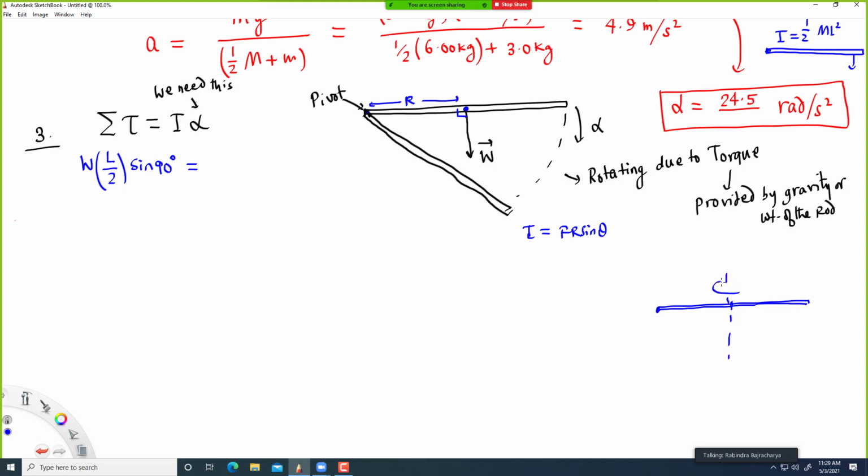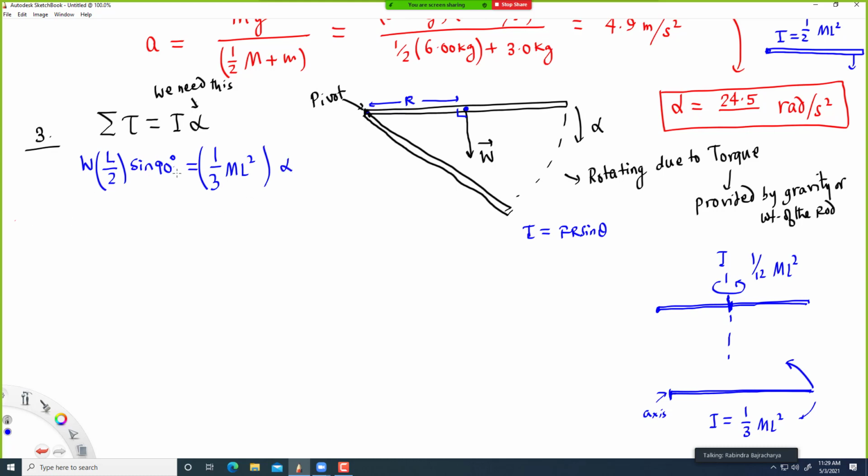You can also rotate a rod about this end. In this case, this is our axis. If the center is the axis, I would be 1/12 m l squared, which is what we used in lab. But here, for this axis, it's 1/3 m l squared. So different axes produce different moments of inertia. So here, 1/3 m l squared is the moment of inertia times alpha.